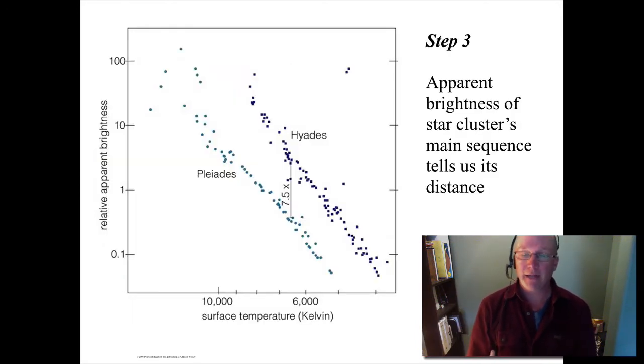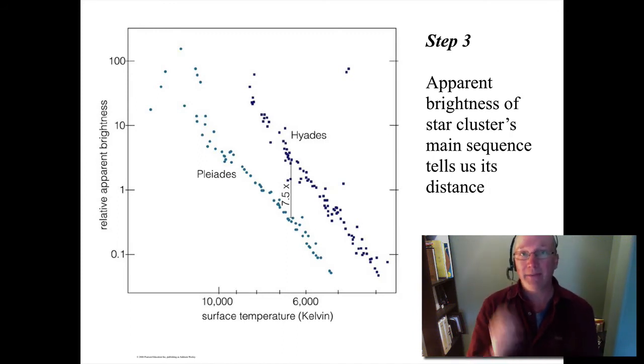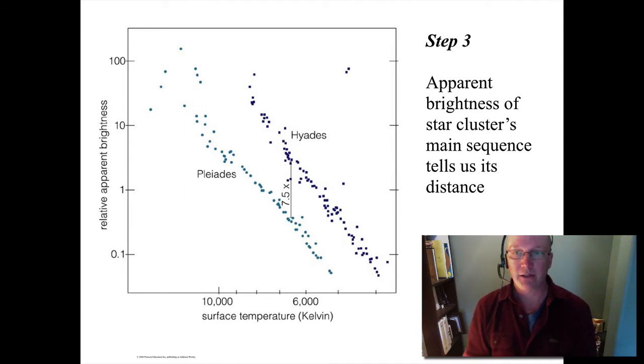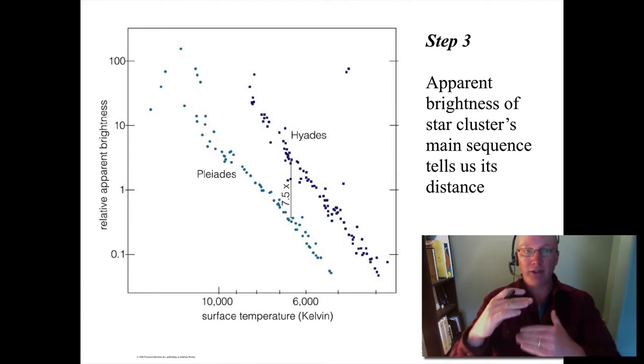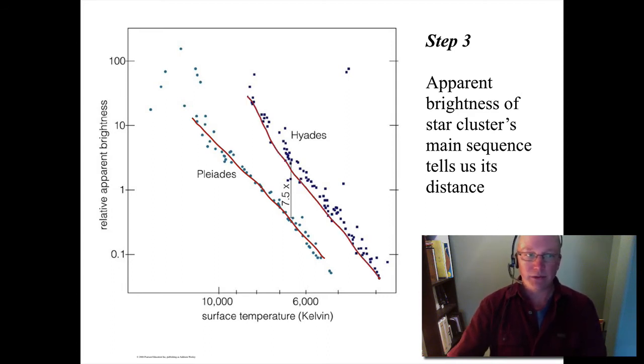Once we have HR diagrams, we can start to do measurements of stellar clusters, and we've done this as well. Stellar clusters tell us the distance by looking at the shift of the main sequence up or down relative to some standards. So in this case, we've got the Pleiades and Hyades, and you've seen these data before. There's the main sequence of the Pleiades, main sequence of the Hyades. The relative apparent brightness is 7 times greater for the Hyades.